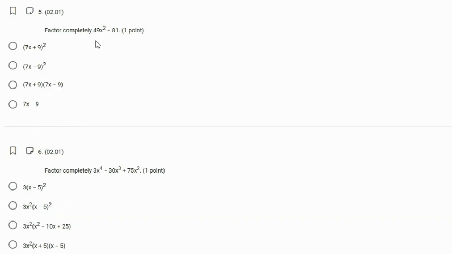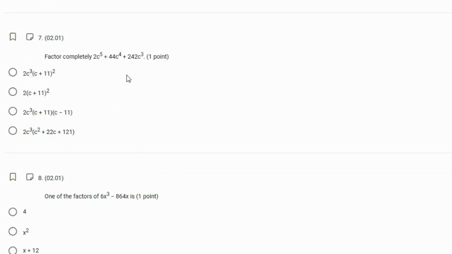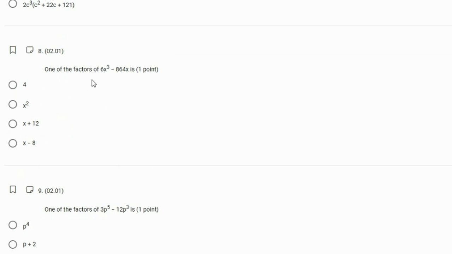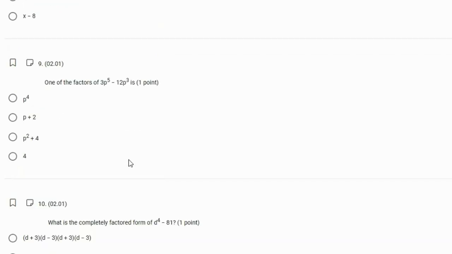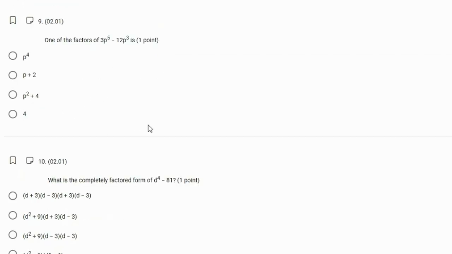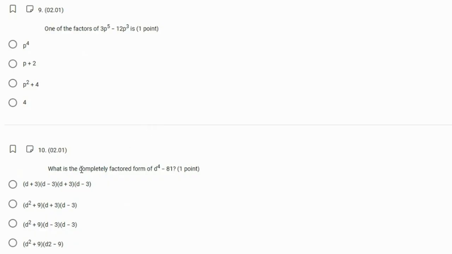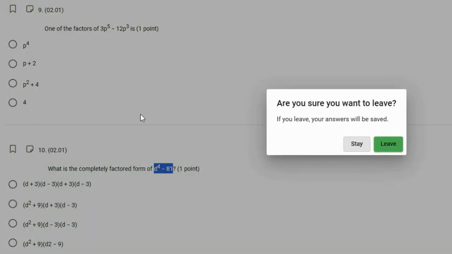But one of the factors of this is what? Factor this completely. Factor this completely. Factor this completely. One of the factors is one of these. And what's the completely factored form of d to the 4th minus 81? So 10 problems dealing with a whole lot of different stuff.